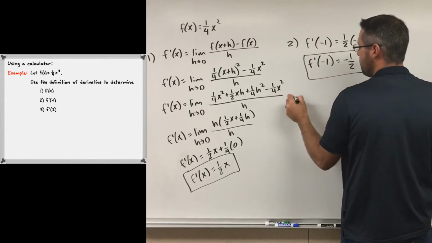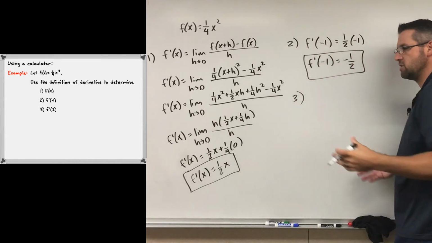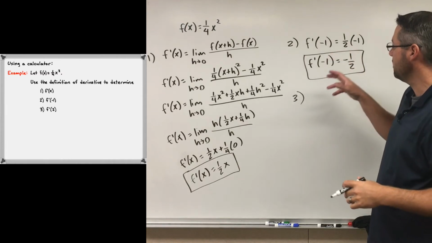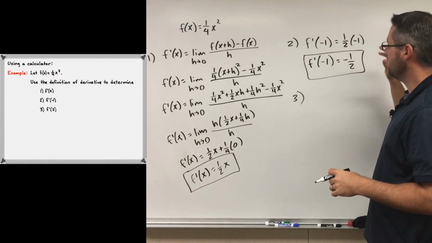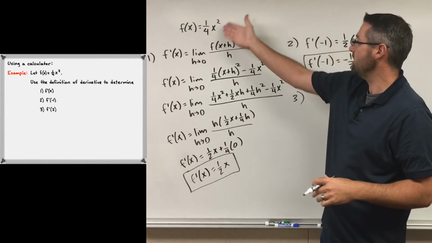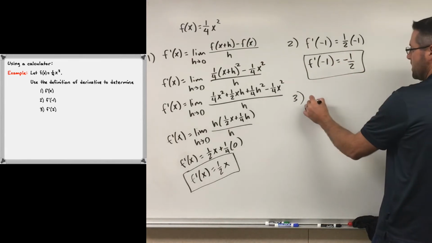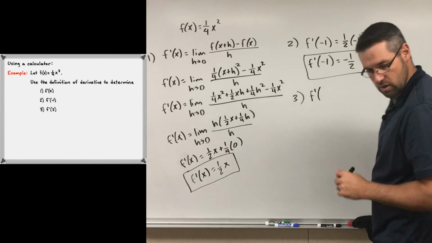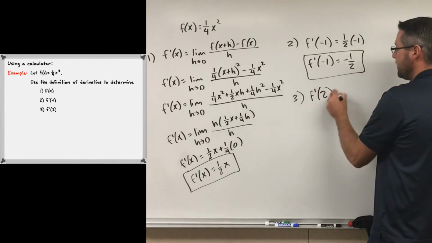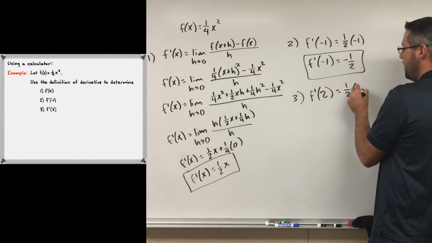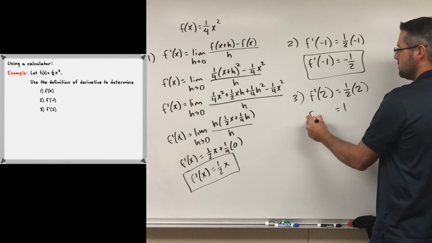And then, of course, if we had some sort of application like find the tangent line at x equals -1, then we would have to figure out what the value of f at -1 is and then create the point-slope form. But we're not concerned with that today. So f prime of 2, well, that's going to be 1/2 of 2, which is 1. And so there's our answer there.